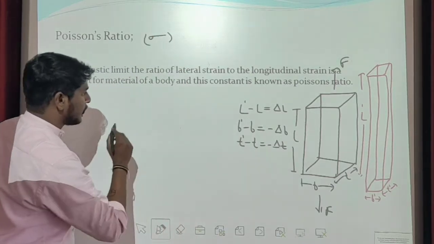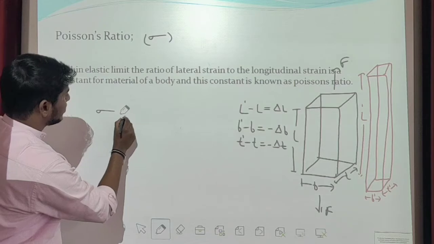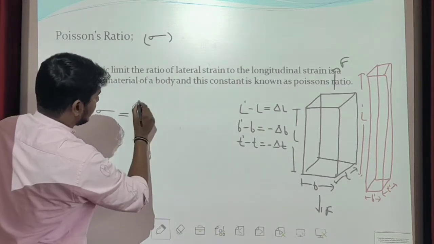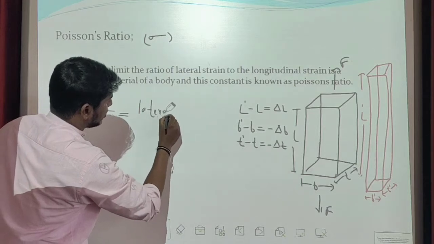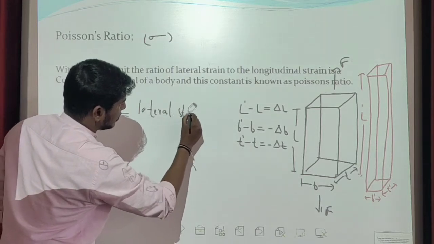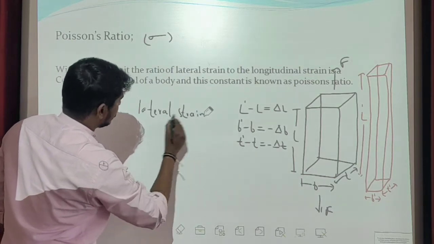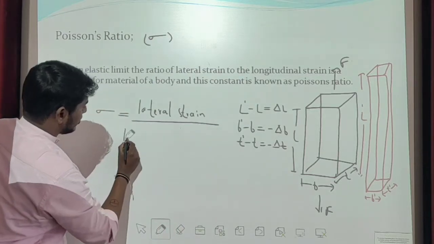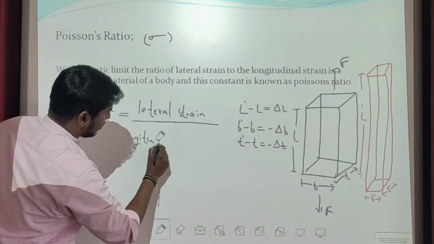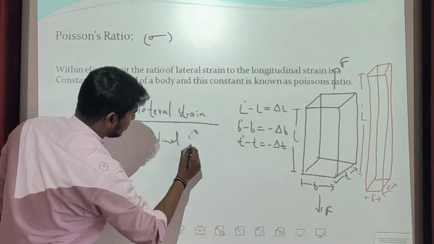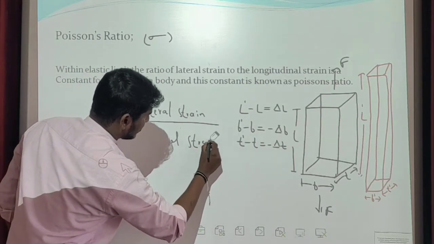Poisson's ratio is denoted by sigma. Here Poisson's ratio is given by lateral strain by longitudinal strain.